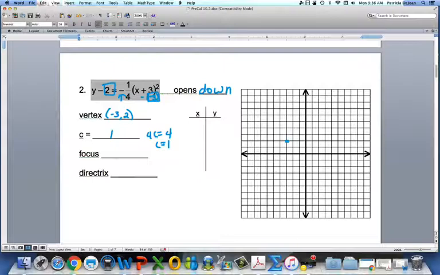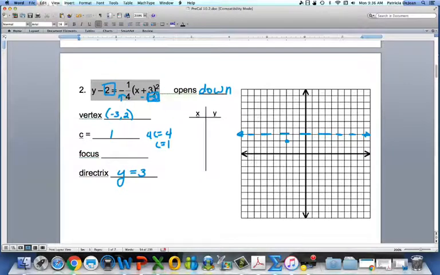Going to the graph, since it opens down, our directrix is one space above that vertex. So here's our directrix coming along here. It's the opposite side from the way the parabola opens. And so that's going to be at y equals 3. So we can write that on there.